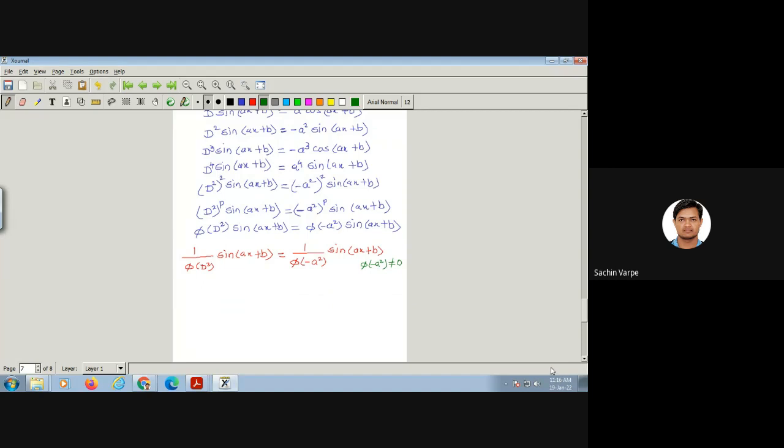Is it clear to everyone? So what is the main thing here, what are we doing exactly? We are replacing D square by minus times a square. It is not like minus of a and the whole square. No, minus times a square.